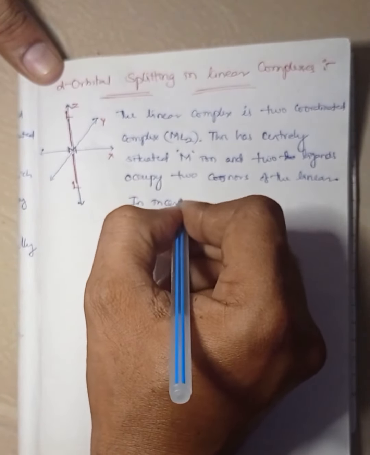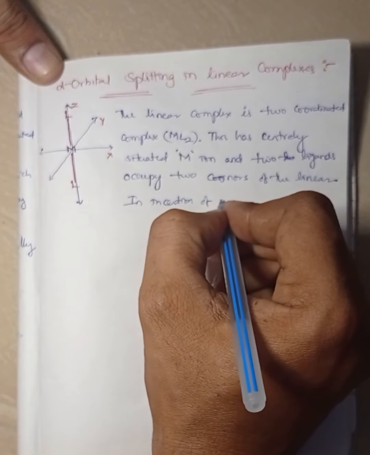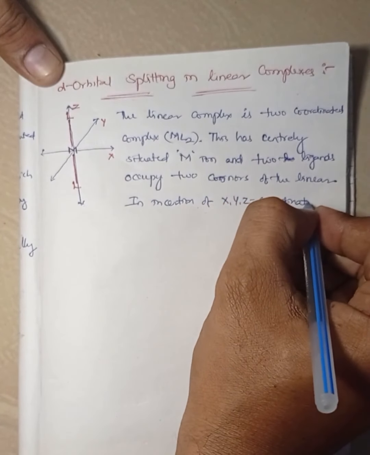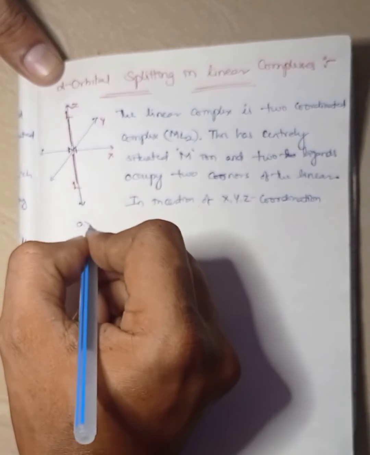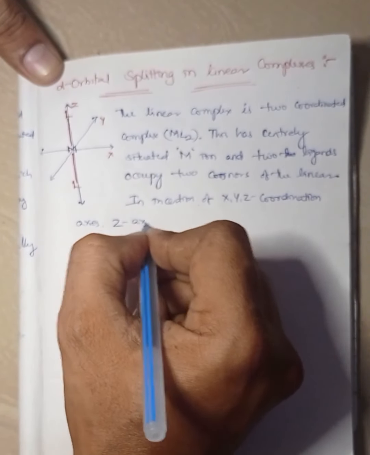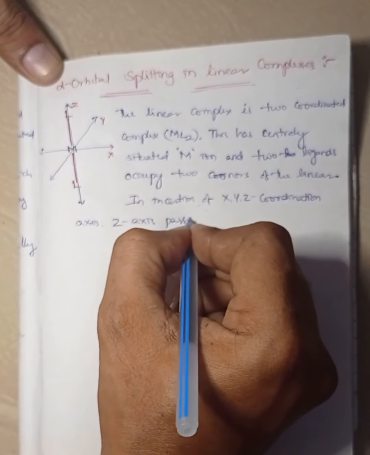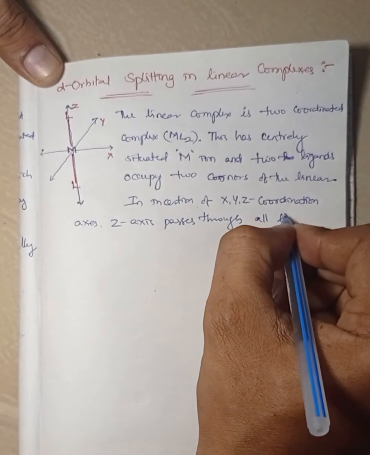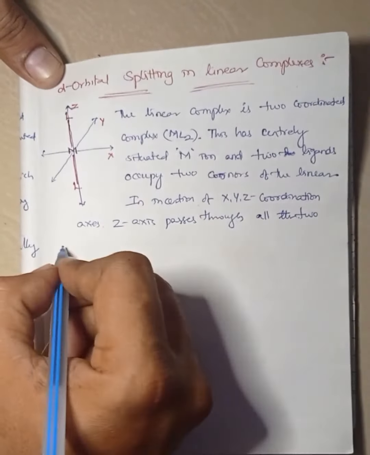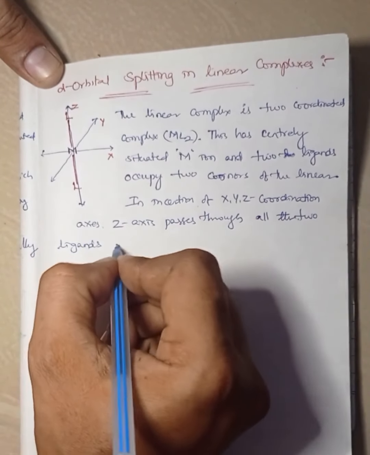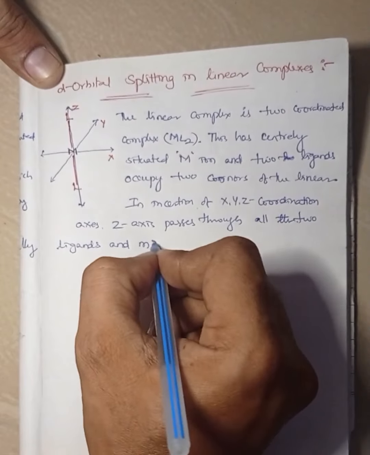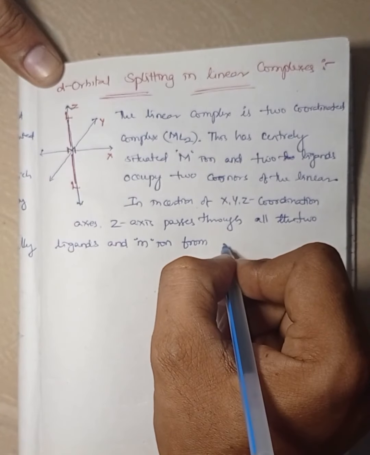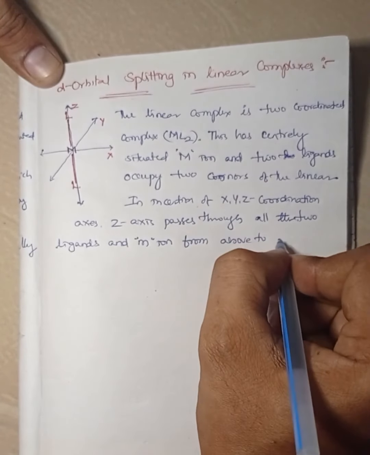In the insertion of the x, y, z coordination axes, the z-axis passes through the two ligands and the metal ion, from above to below.